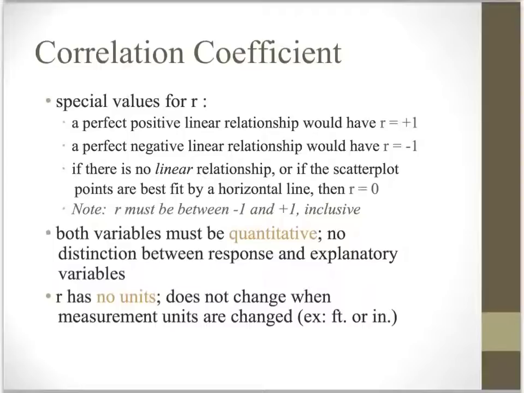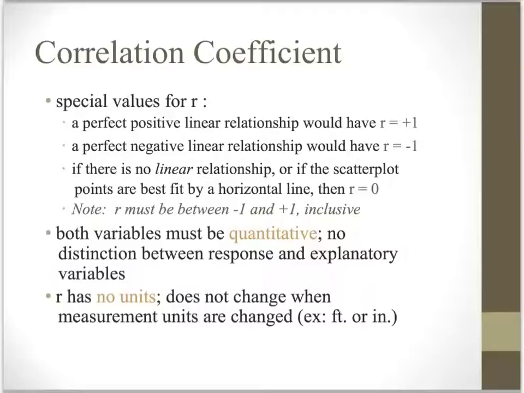If it's in the positive direction, R will be positive 1. If it's in the negative direction, R will be negative 1. And those are your two endpoints for what you can have for R. Every other R value that we could have will be between negative 1 and positive 1.